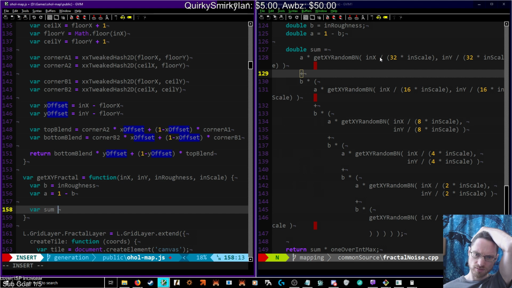Huh. So for a small roughness value, it will mostly just be this. I guess that would make a very smooth thing. He divides that out, and then he has all the blending between the different integer coordinates.